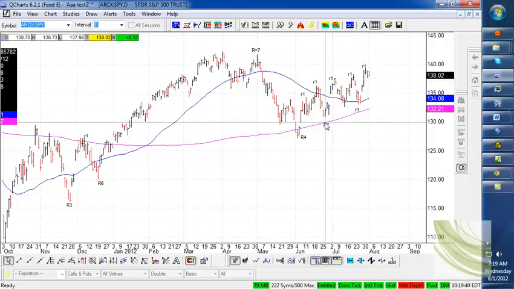And so here you have an R7, and another wonderful opportunity to take a trade with the lagging indicator trend. Okay.